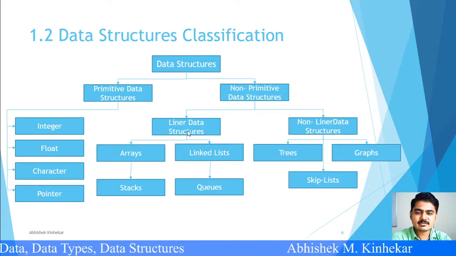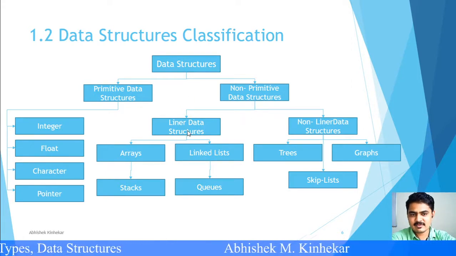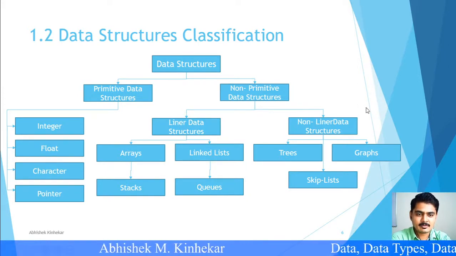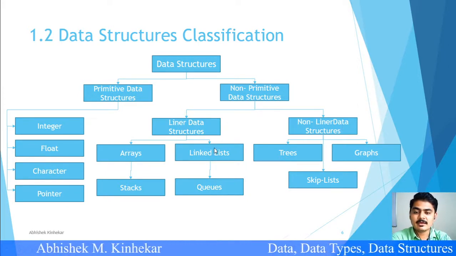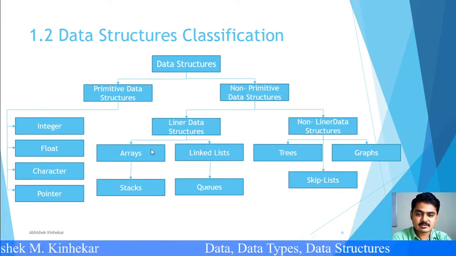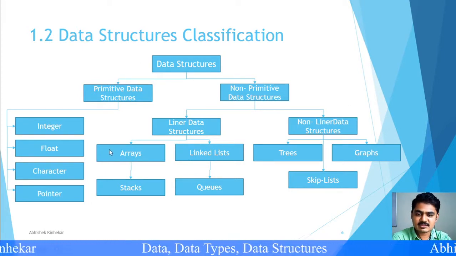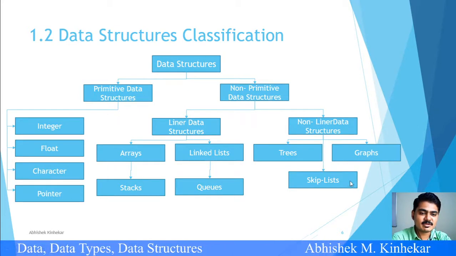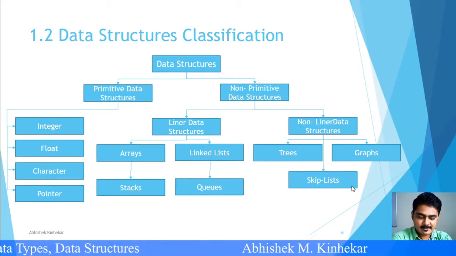In linear data structure, the data is present in a single line, whereas in non-linear data structure, data is present in layers or in levels, only graphically speaking. The linear data structures have various applications like arrays, linked lists, stacks and queues, whereas non-linear data structures have various applications like trees, graph and skip list.